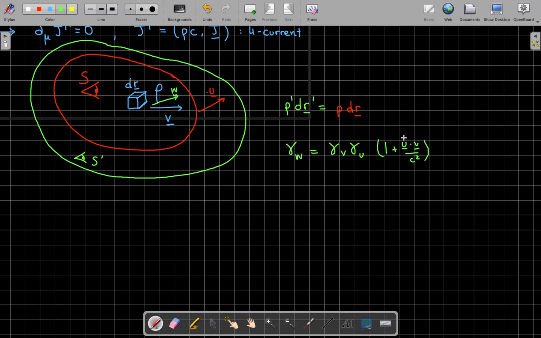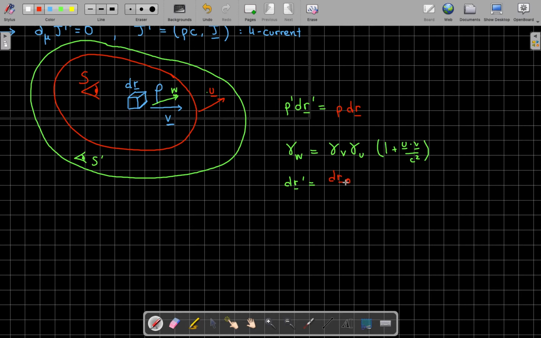Now this is quite useful. Why? Because first of all, we know that dr prime, because of the Lorentz contraction, would be equal to dr 0.